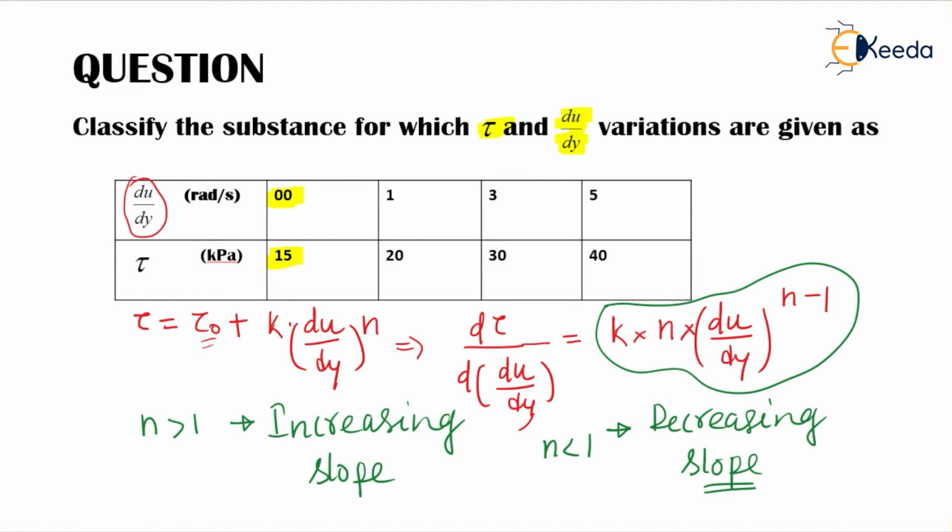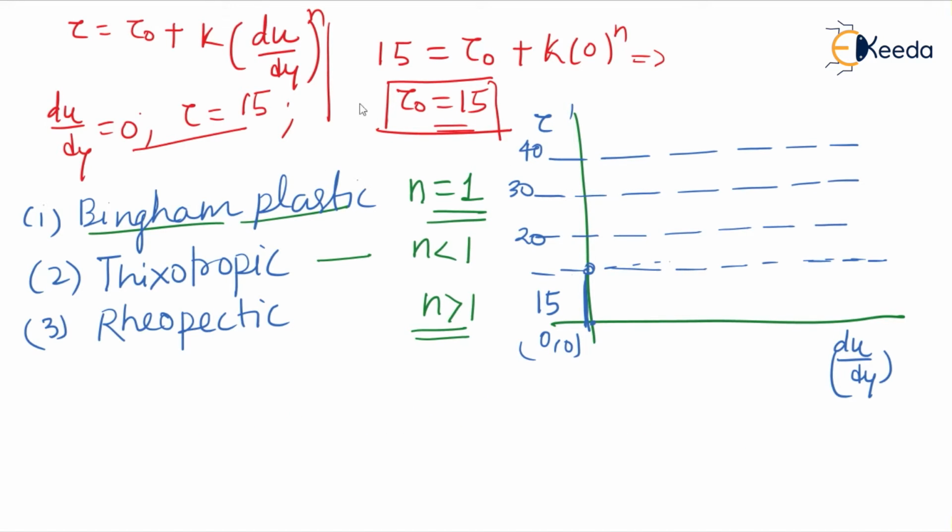It is from 0, 0 to 1, 3 and 5. So we will write it like this: 0, then suppose this is 1, then 3, and then 5. So this is 1, this is 3 and this is 5.